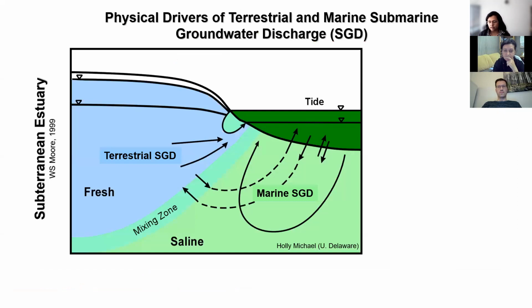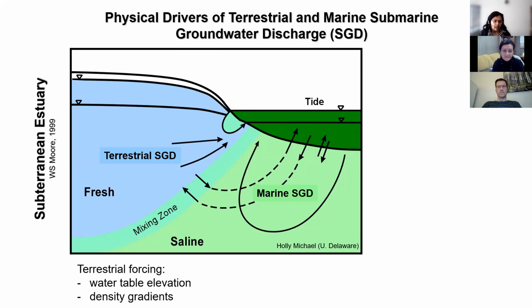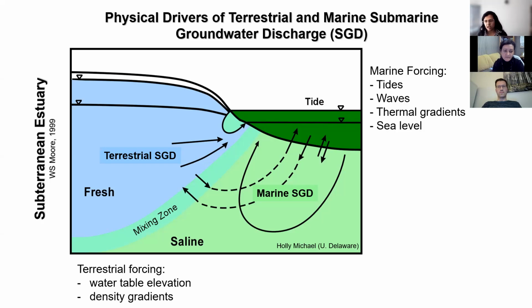Let me just remind you, I know a lot of you work with SGD, so this is not going to be new, and I'll go through this quickly, but there are several physical drivers of terrestrial and marine SGD. Terrestrial forcing is usually water table elevation or density gradients. With marine forcing, tides and waves will force fluid flow through a subterranean estuary, or you'll have thermal gradients or sea level rise or fall that will impact your fluid flux.